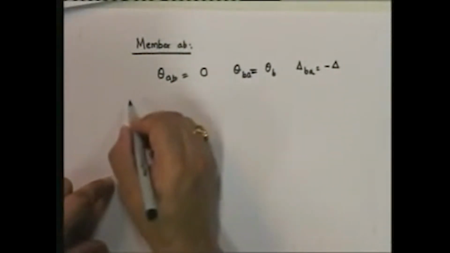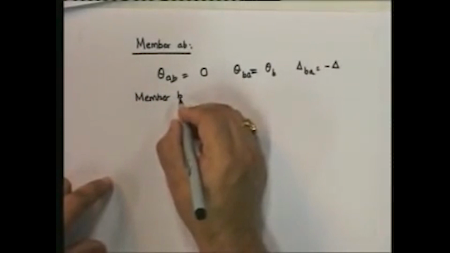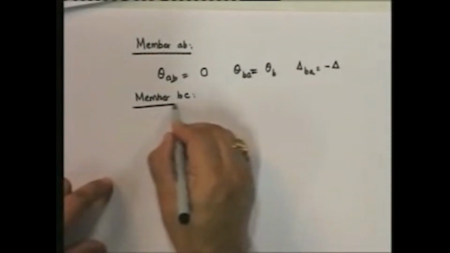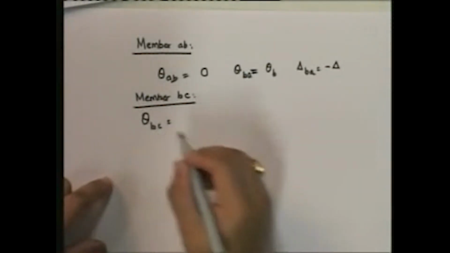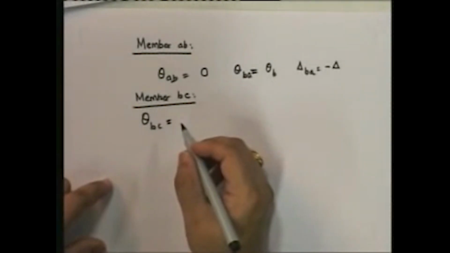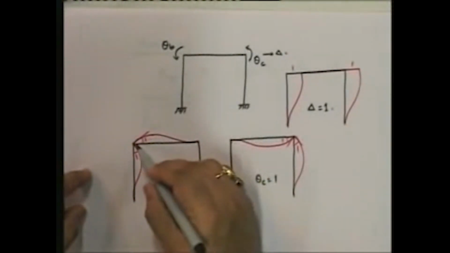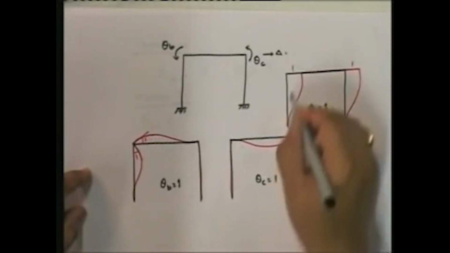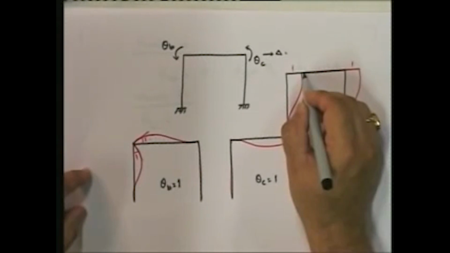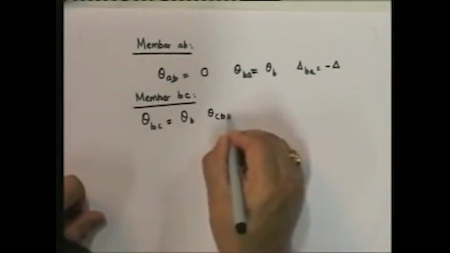Okay? Similarly, let's look at member BC. Theta BC is equal to, let's look at it, 1 into theta B plus 0 into theta C plus 0 into delta. So that means theta BC is equal to theta B. What about theta CB?